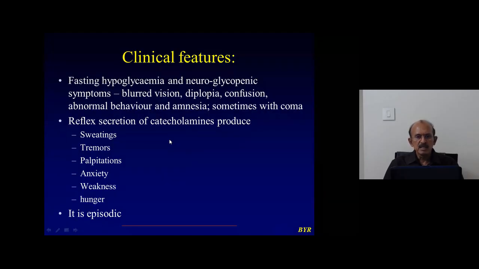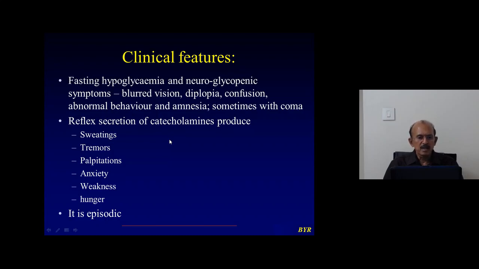Because of the excess amount of catecholamines, the patients will exhibit sweating, tremors, palpitation, anxiety, weakness, and hunger. So there is a combination of symptoms. Some symptoms are because of neuroglycopenia, and some because of reflex secretion of catecholamines.